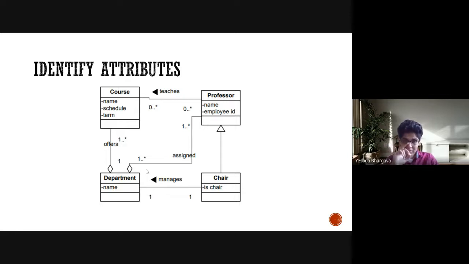Please note the words accompanying these associations. If it had been just these lines without these identifiers, it would be very difficult to understand what exactly is the nature of the relationship. So the usage of these words simplifies the understanding of the class diagram. Although in different examples that you see in a sea of class diagrams later on, you might not always find these label verbs, it is a good practice to introduce them.